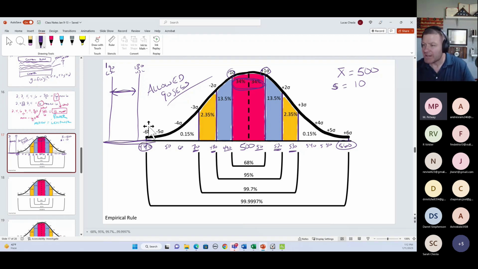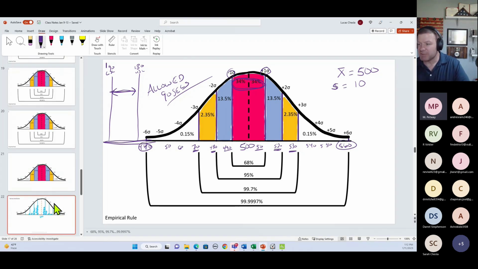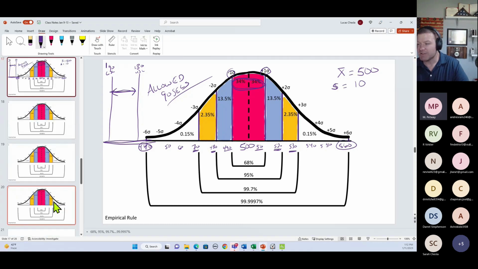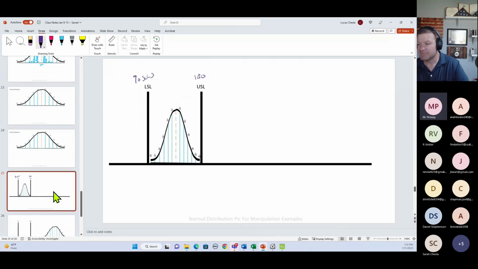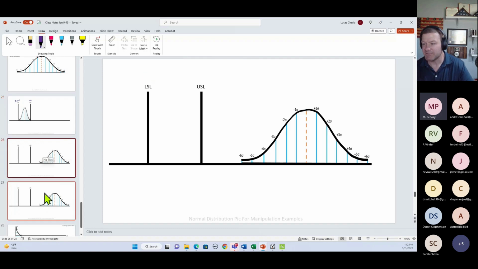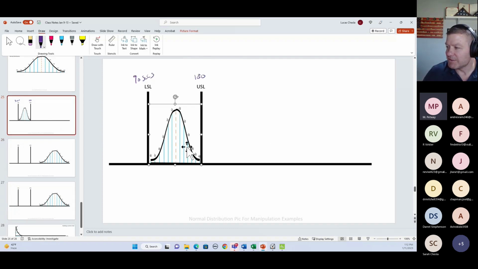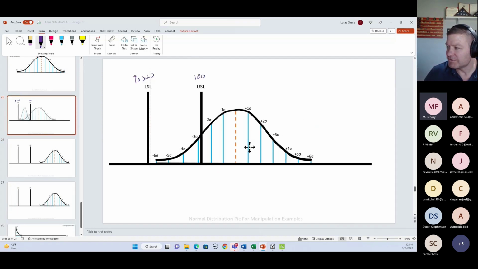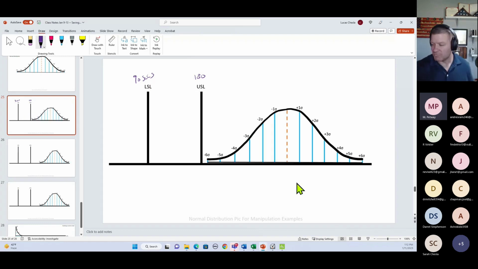Now, why does that become important, especially for explaining what 6 sigma is? Here's a little fun fact for you. This is where it gets really fun, I think, anyway. When you're talking about 6 sigma, what the heck is 6 sigma? First of all, what is lean 6 sigma? Sigma is Greek.